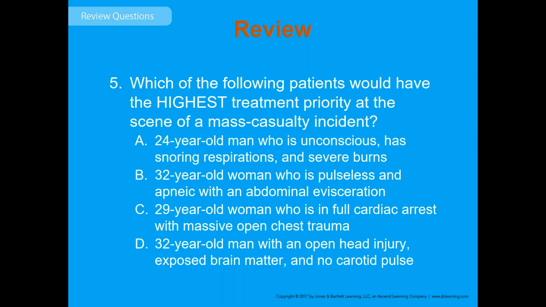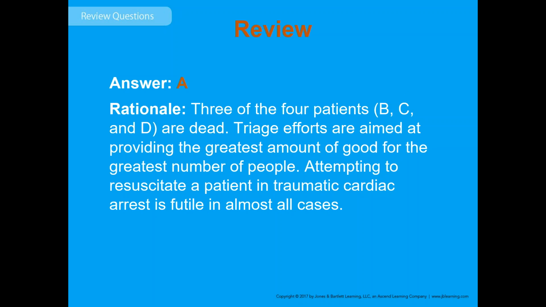All right. So which of the following patients would have the highest treatment priority at the scene of an MCI? A. Yeah, because if you look at it, everybody else isn't breathing or doesn't have a pulse.